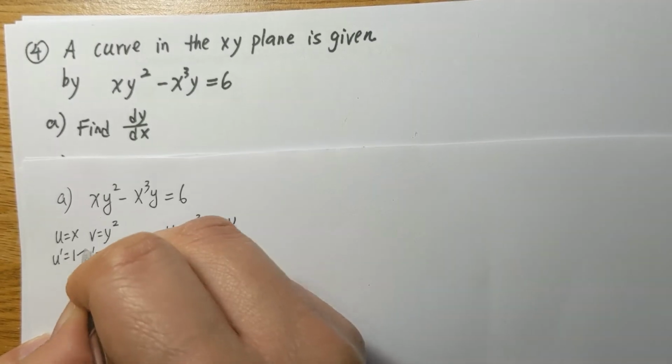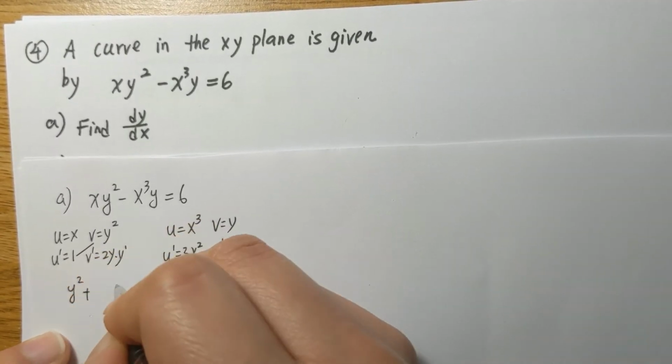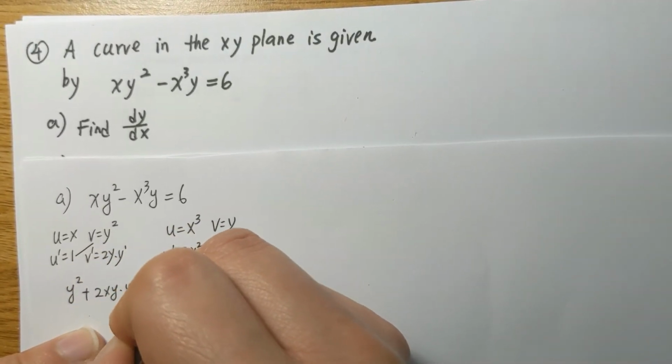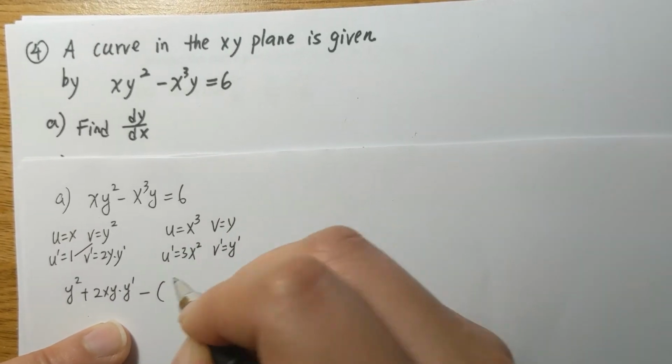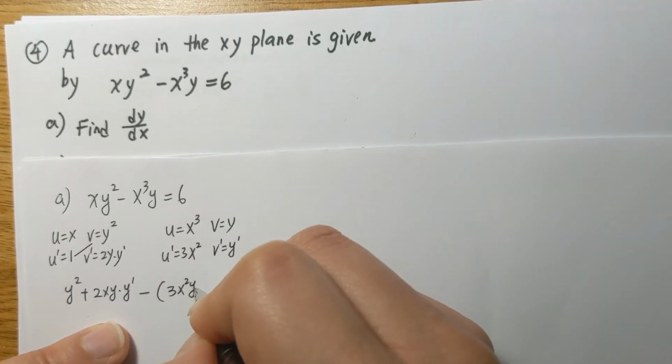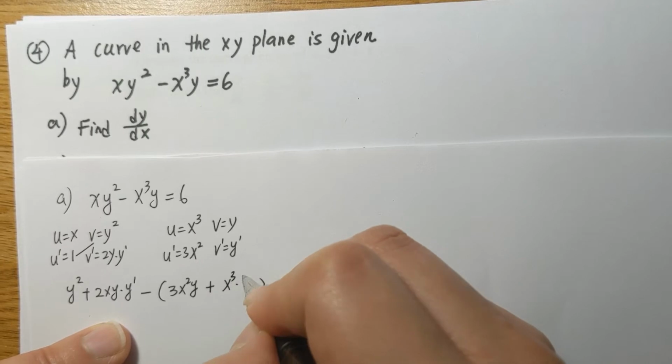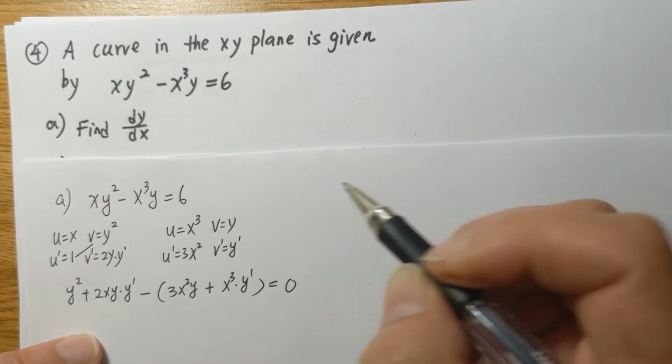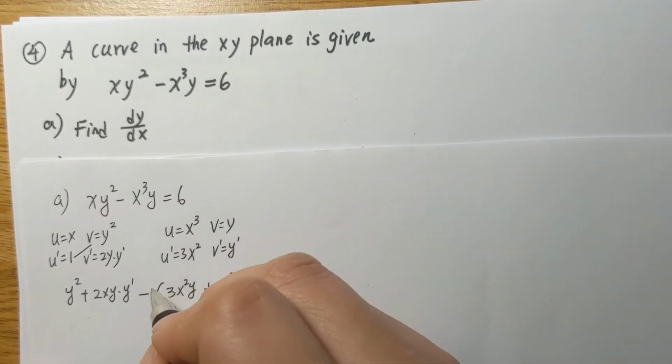So now we multiply this one, you get y squared plus 2xy times y prime, minus the product rule, 3x squared y plus x cubed times y prime, equals 0.